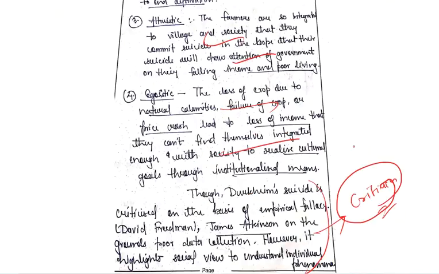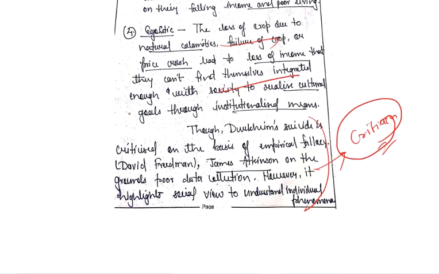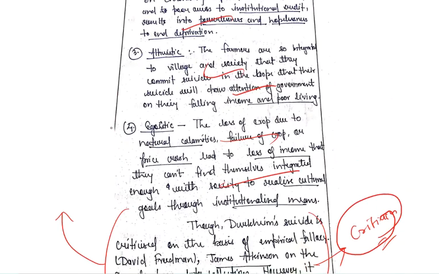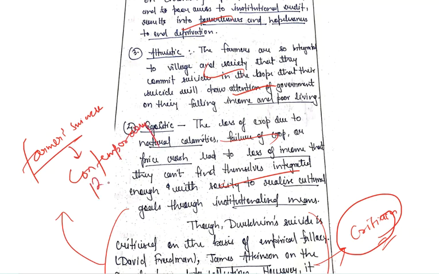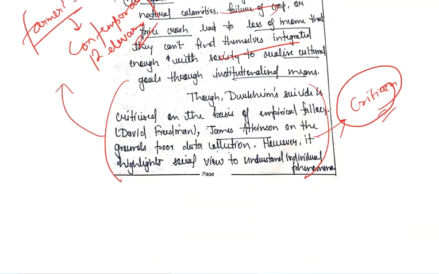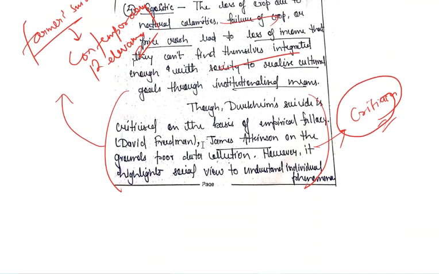In the conclusion, especially in this case, you can highlight the relevance of Durkheim's work in farmers' suicide, which highlights the contemporary relevance of Durkheim's work. That is one of the ways in which you can conclude this answer.